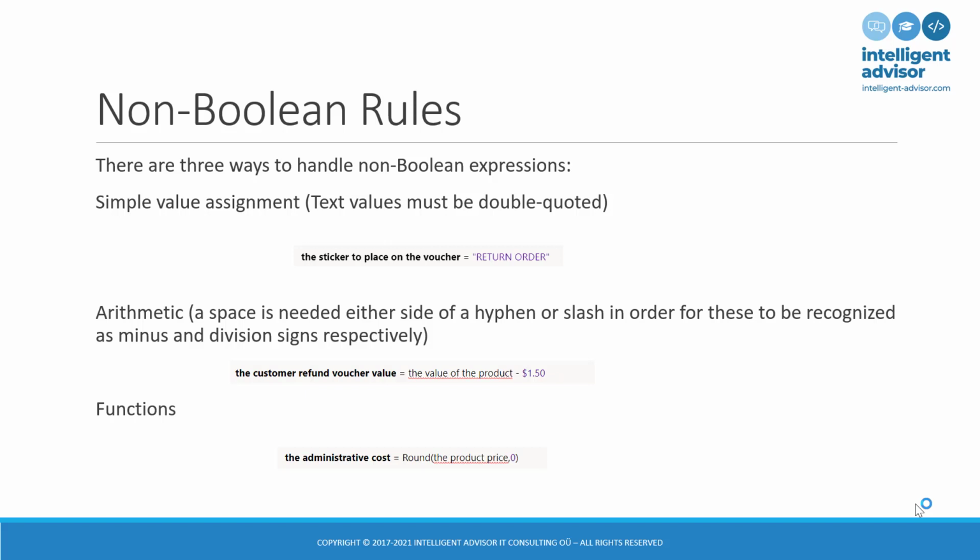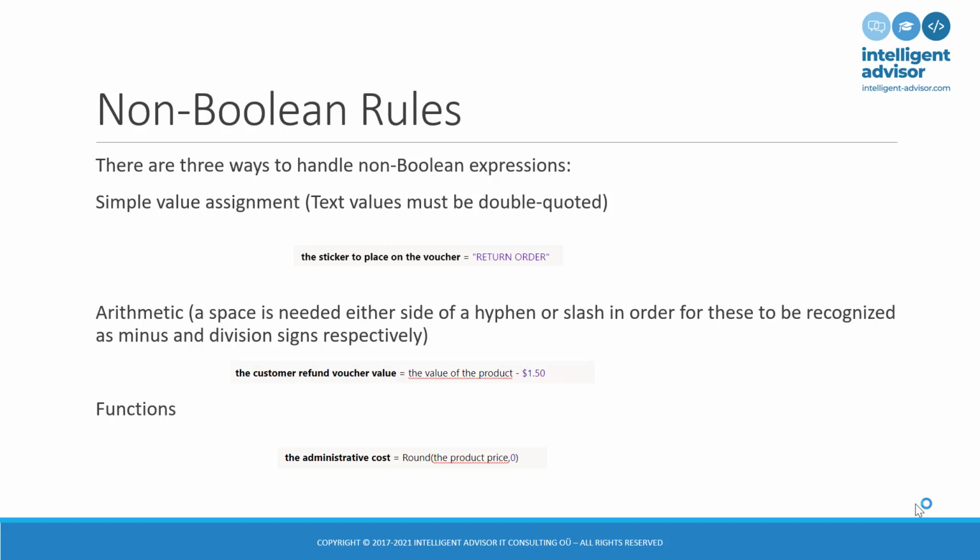You can use an arithmetic style. So in the second screenshot, you can see that I have a numeric expression. The customer refund voucher value equals the value of the product minus, and you'll notice that I've put a dollar sign and $1.50. A couple of things you need to know about this.